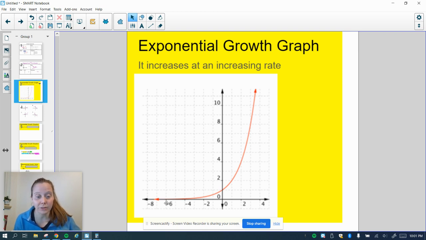Notice down here at the bottom, it's increasing, but really tiny. And then all of a sudden, right about here, it starts shooting up really big. So it gets really big really fast. We like to say that it increases at an increasing rate, starting slow and going pretty fast.